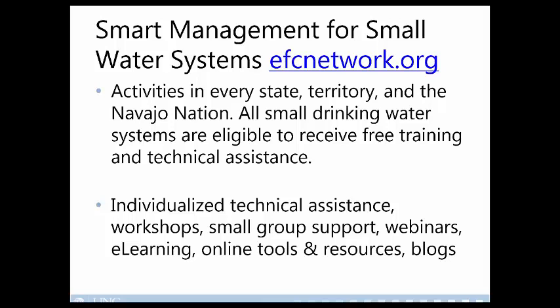And all small water systems are eligible to receive free training and technical assistance through us. And we have individual one-on-one assistance, we have workshops, we have some small group support, webinars, we do e-learning modules and other kinds of online tools, and then we also have a blog as well. So we'll have some more information about this project and how you can take advantage of it at the end of the hour today.